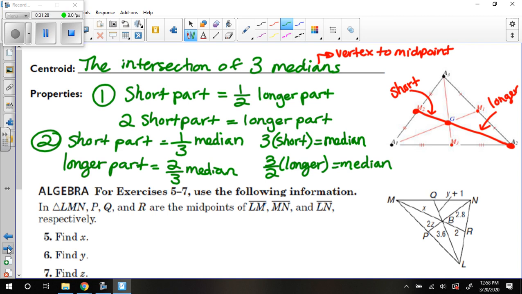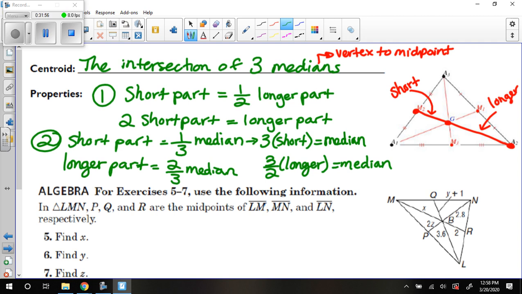If you notice, 1/3 of the median, if I do the reciprocal, it would be 3. So that's why it's 3 times the short part would equal your median. In the second equation here, 2/3 of the median, if I do the reciprocal of that, that's 3/2, so that's why it's 3/2 times the longer part equals the median.